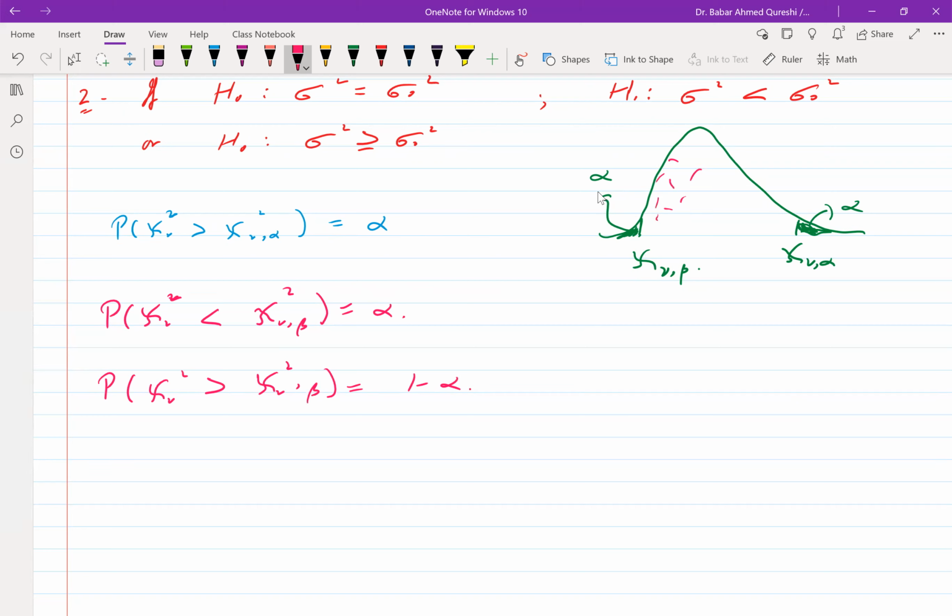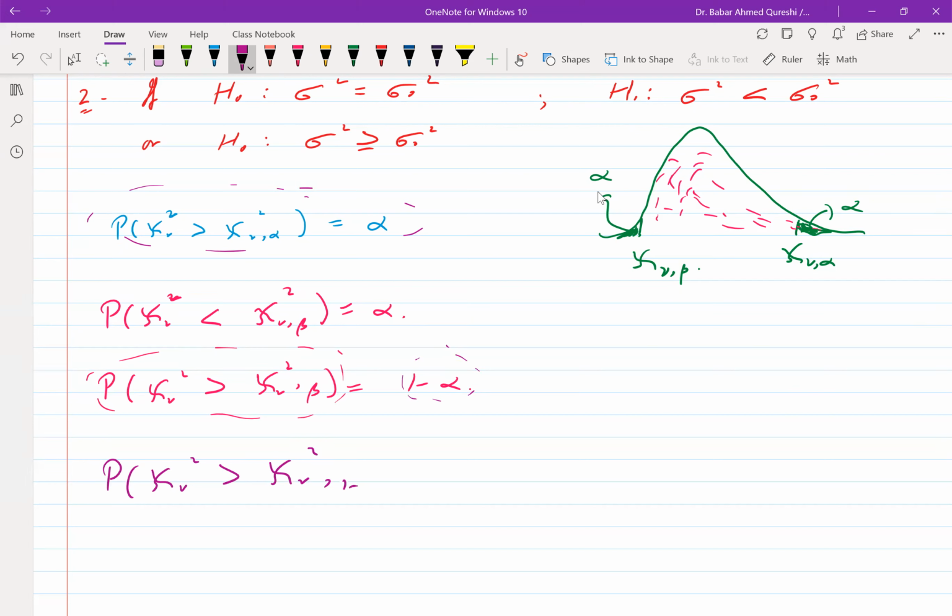Because this probability that chi naught being greater than this is 1 minus alpha. But this thing, I had called it from here, that whatever probability is over here, put it here.